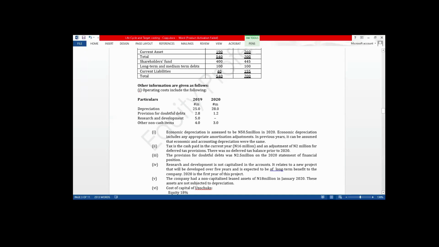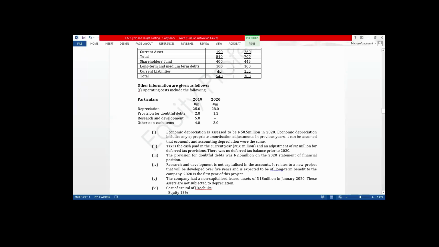Next, the company had a non-capitalized lease asset of 18 million in January 2020. These assets are not subjected to depreciation.